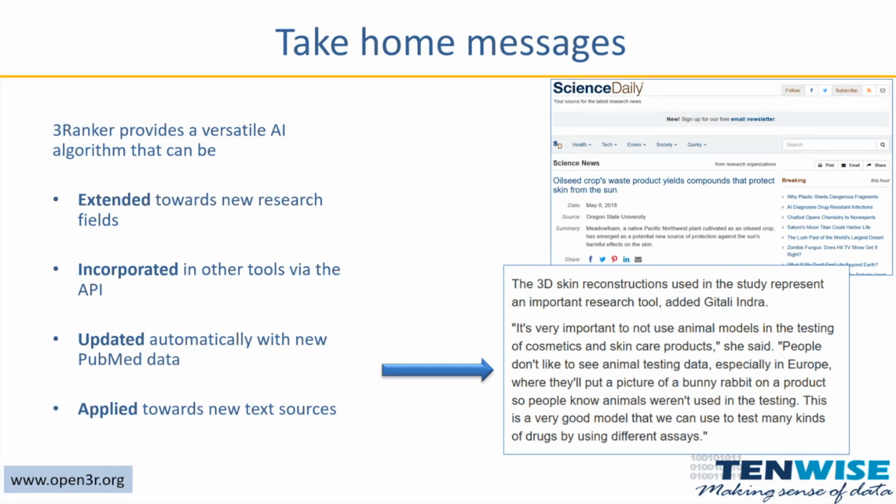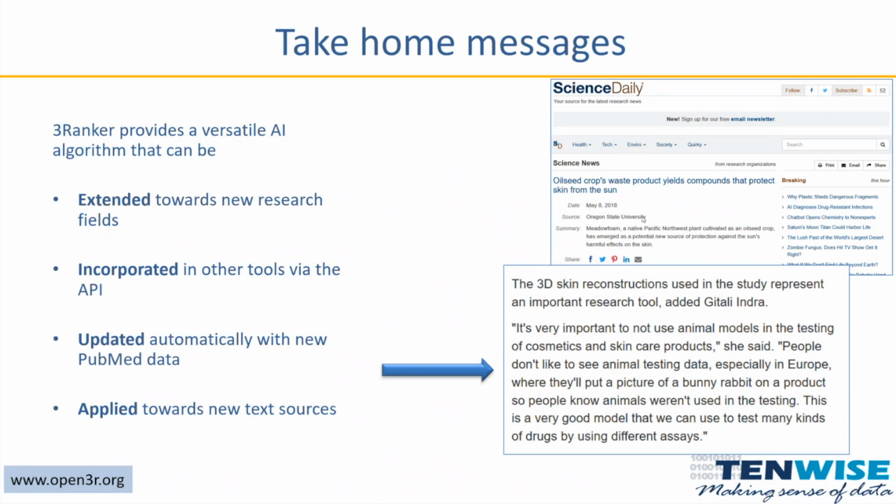So what we did last year actually, was to do a complete scraping of the Science Daily website, which is a news site on new developments in science and what companies and universities are doing. And we just run our algorithm on those websites. It doesn't have to be an abstract, as long as we have text.